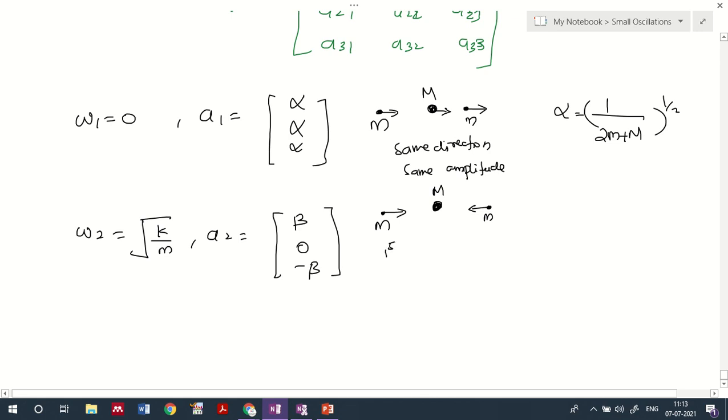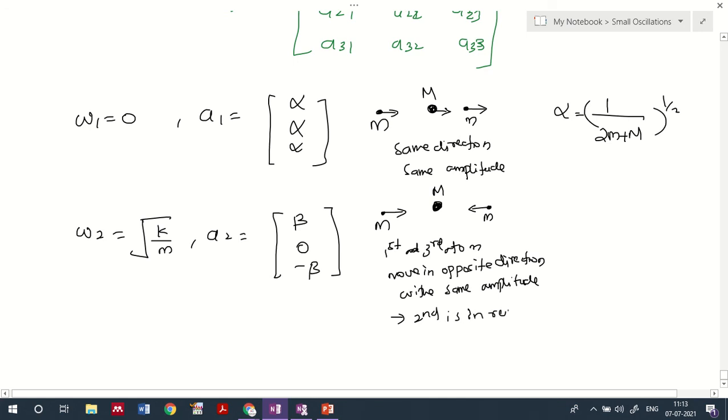So we can say that the first and third atoms or particles move in opposite directions with the same amplitude, and the second atom is at rest. Here beta is equal to (1 by 2m) raised to 1 by 2.